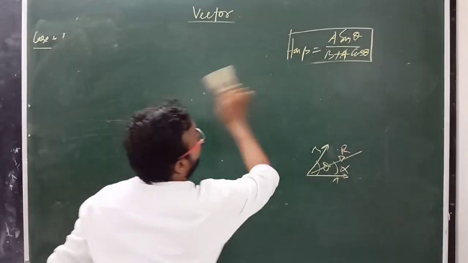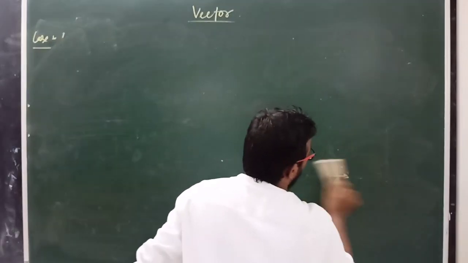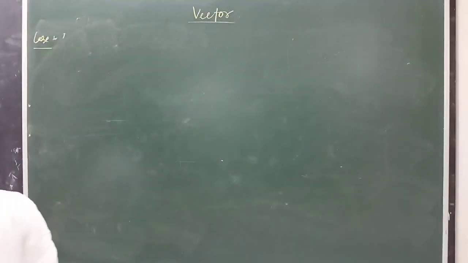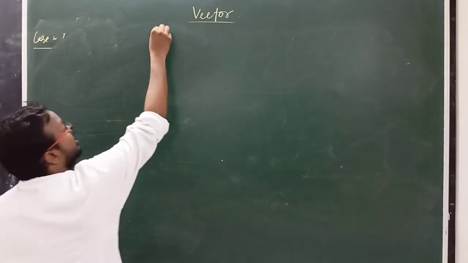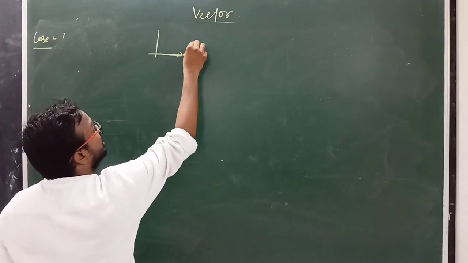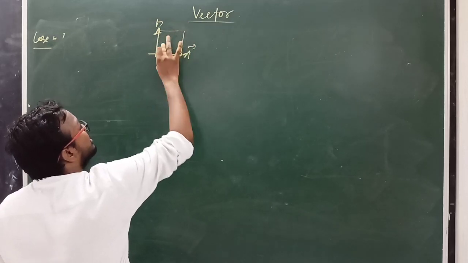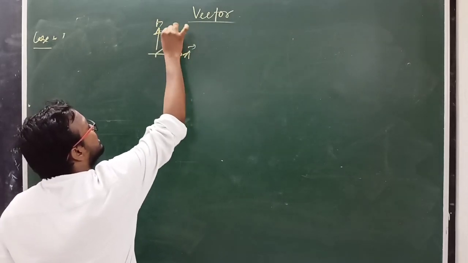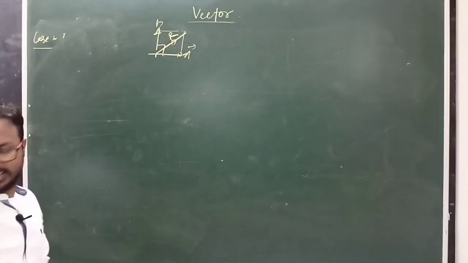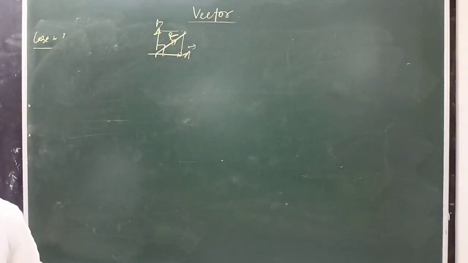If angle between two vectors is 90 degree, if two vectors are 90 degree to each other, suppose this is A vector and here B vector and this is the resultant vector according to parallelogram, and angle between two vectors is here 90 degree. Clear?